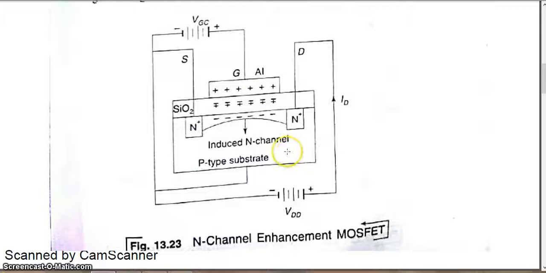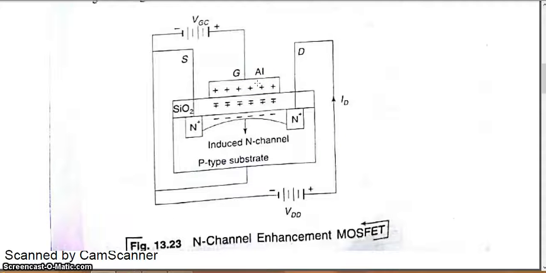In the enhancement mode, positive voltage is given to the gate, and here for the drain also the positive voltage is given, and this is grounded. That means when you give the positive voltage, it is forward biased. And what happens if you give the voltage to this one?